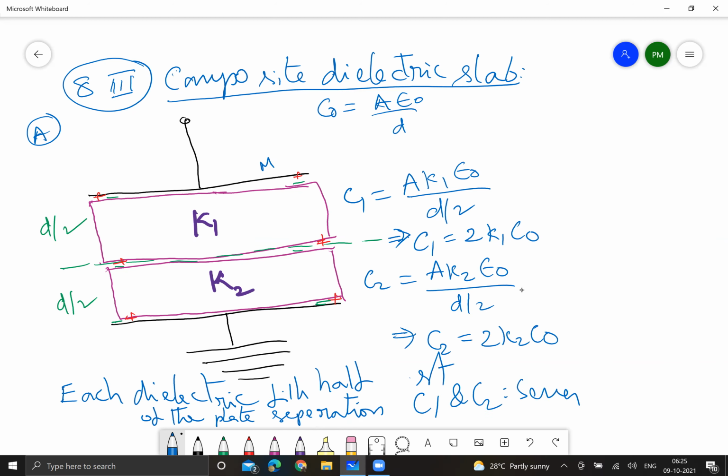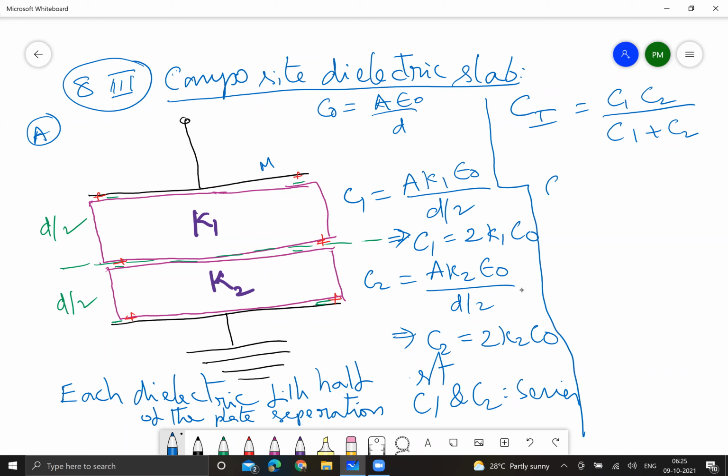Such that C1 and C2 are in series. So now their equivalent capacitance will become C1 C2 by C1 plus C2.